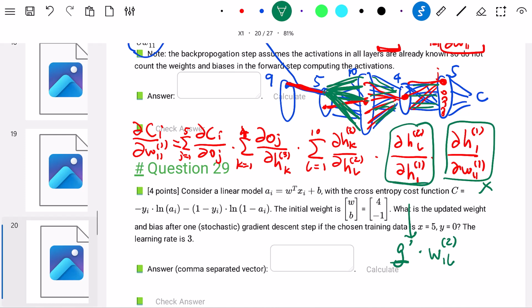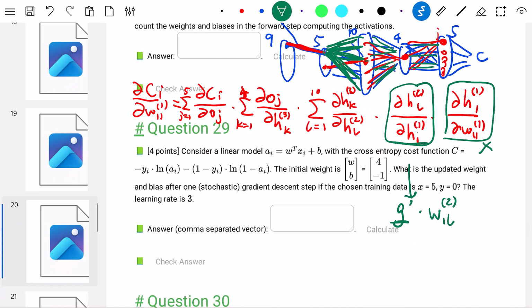Again, when we take a derivative like this, I think in class the notation we used is we can do dh2L with respect to dz2L, and dz2L with respect to dh11. So the z here is the linear part, so it's just the weights multiplied by the previous layer units and summed up.